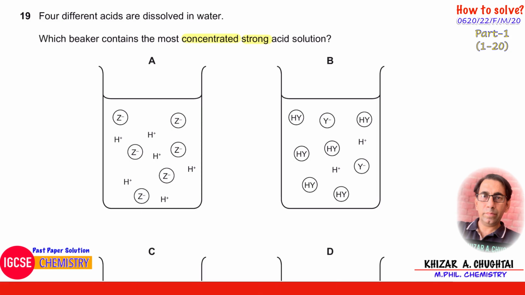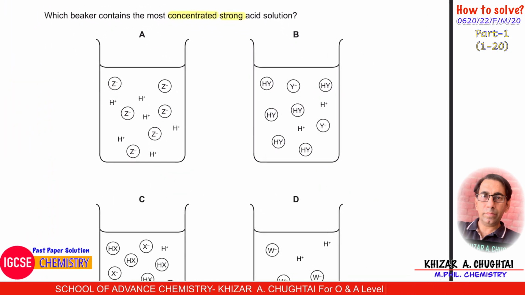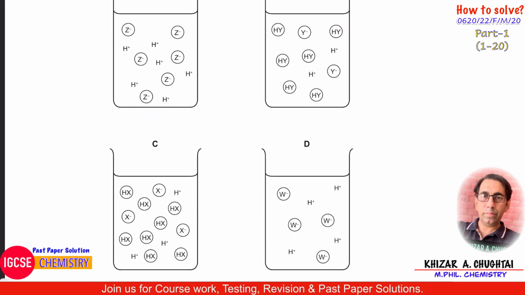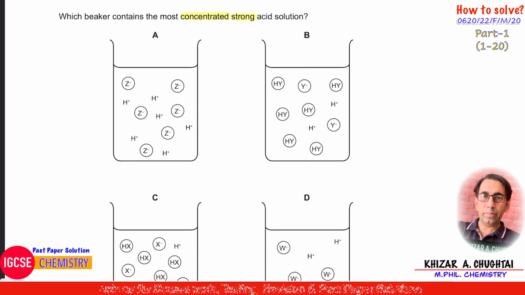The second thing is strong, that is going to show that there is more loss of H positive ion into the aqueous medium. So these both factors are going to show the majority of H positive ion in that solution.